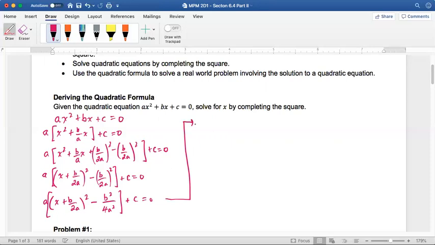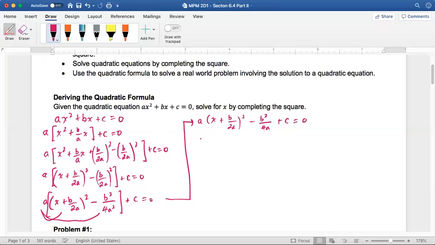So now we're ready to distribute this a and remove those square brackets, and we'll get x plus b over 2a all squared, and then minus b squared over 4a, plus c is equal to 0. So again, when I multiply this a by the first binomial, the brackets are removed. But when I multiply this a by the second part that's inside those brackets, that denominator changes and becomes simply 4a.